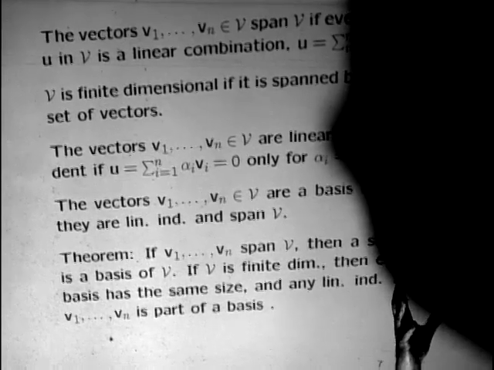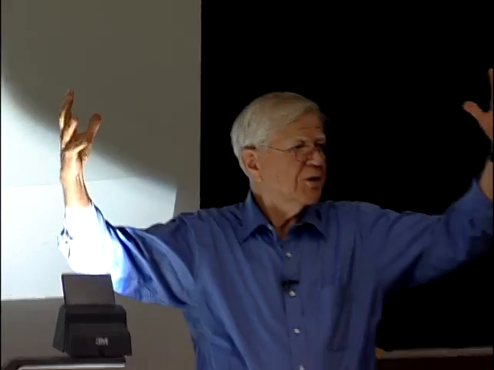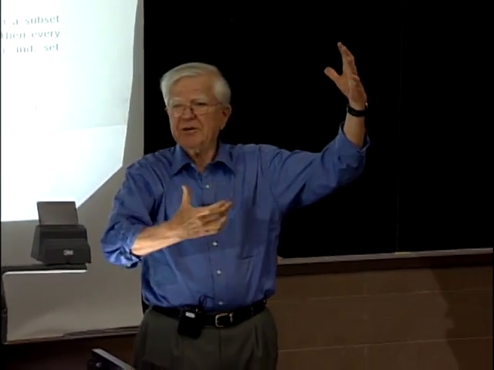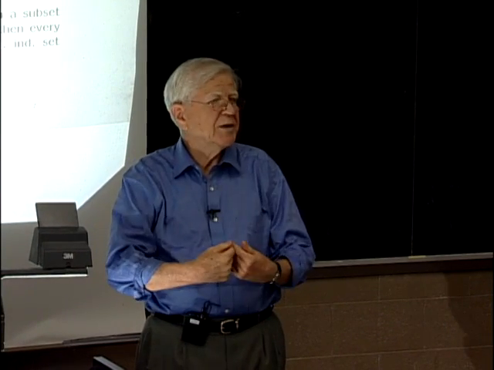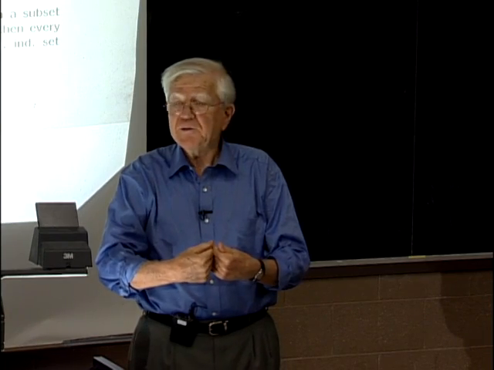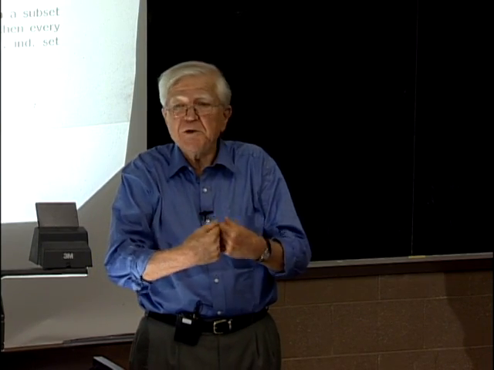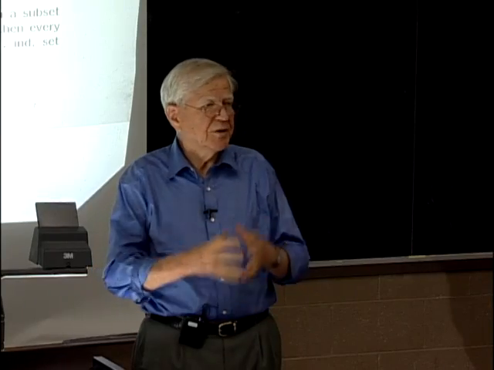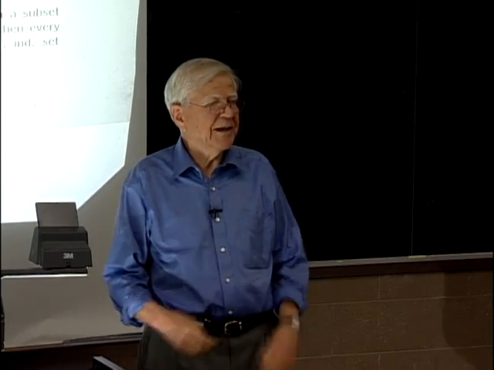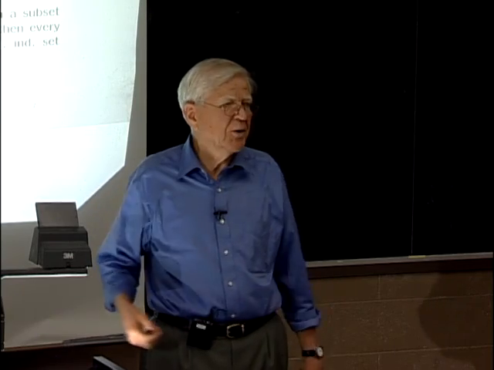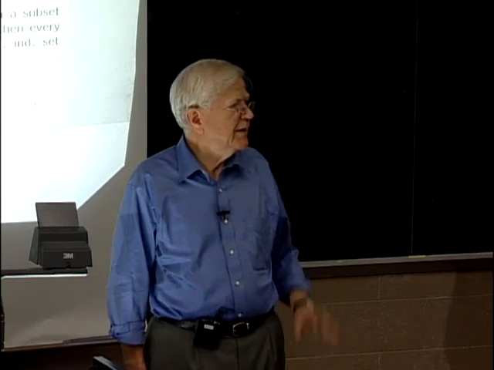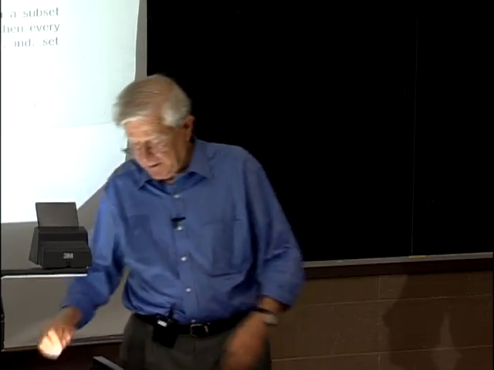You have this big finite dimensional space. You have a few vectors which are linearly independent. You can build a basis starting with these, and you just experiment. You experiment to find new vectors which are not linear combinations of that set. As soon as you find one, you add it to the basis, you keep on going, and the theorem says by the time you get to n of them, you're done.